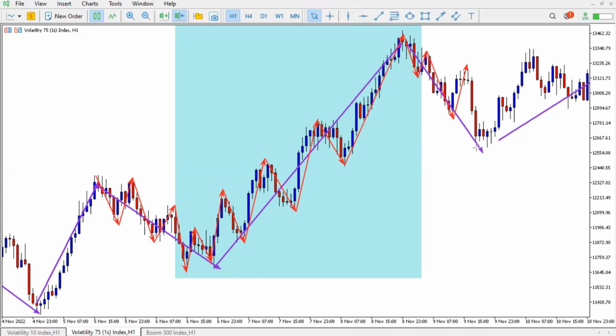Are you seeing this? Then the market kept moving. So you will see trends in between trends, trends in between trends. That's where the market moves, right? So this particular uptrend here was formed in between another uptrend in a bigger picture.